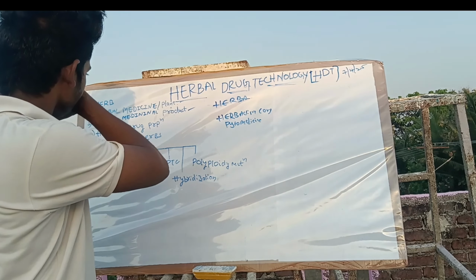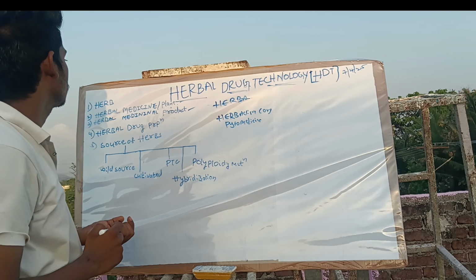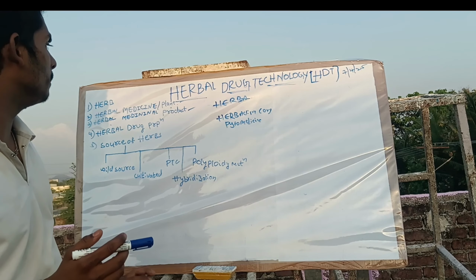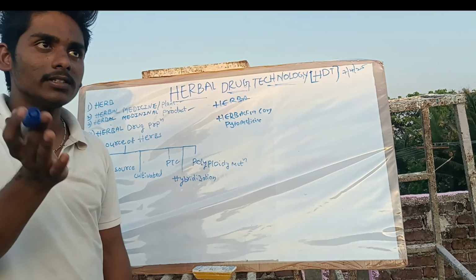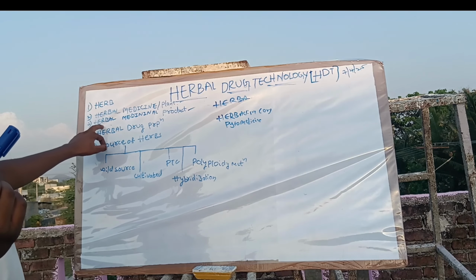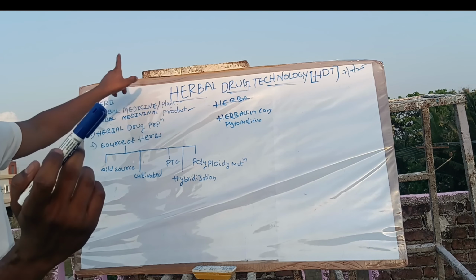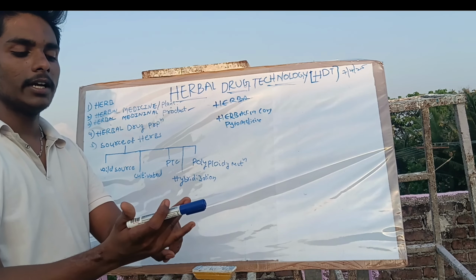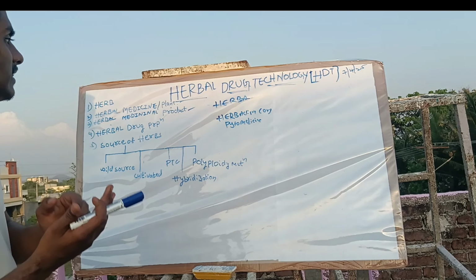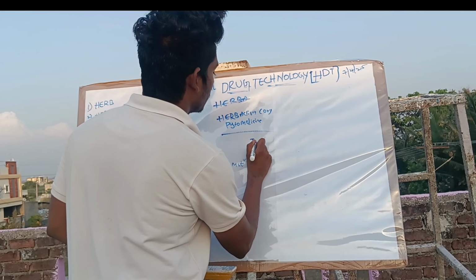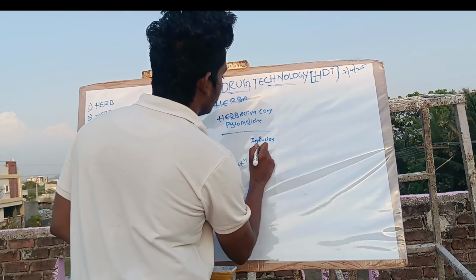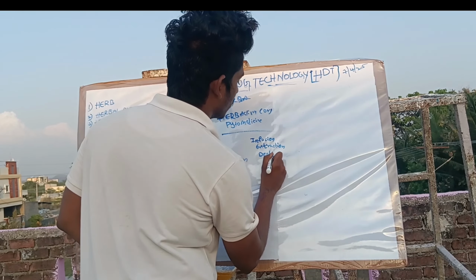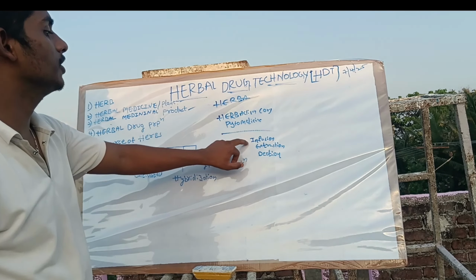Next, herbal medicine product. The herbal medicine product is obtained or processed from the herb by a few methods like infusion, extraction, and decoction.